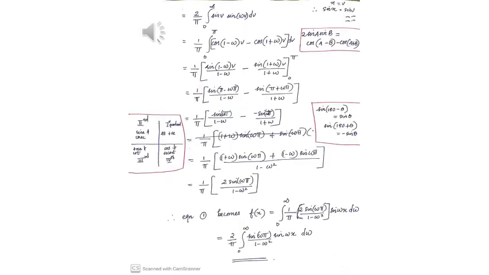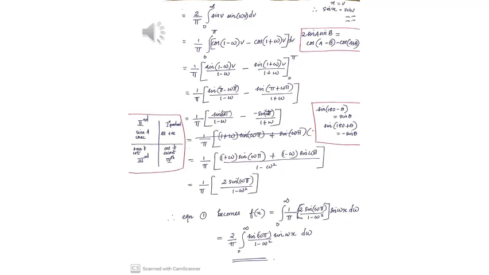Now, giving the value of f of v as sine v, you will get the next step: 2 by pi integral 0 to pi, which is our limit, sine v sine omega v dv. Now, for these types of problems, you need to know the trigonometric equations. Here we are getting sine v sine omega v. Like that you may get sine a cos b, cos a sine b, cos a cos b.